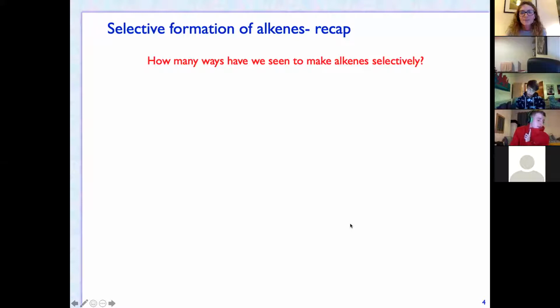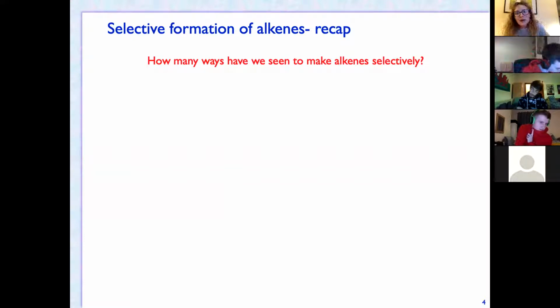Swern. There's one with boron as well, wasn't there? Well, yeah, I didn't include it here, but with the one with boron, we have seen the hydroboration oxidation, where we use alkenes, okay?